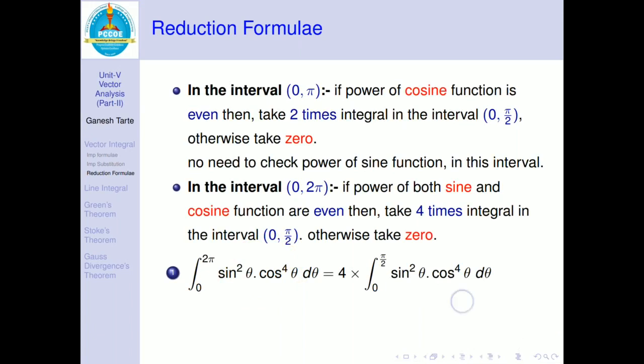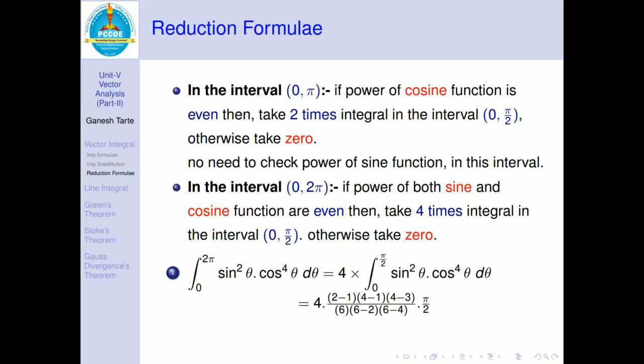And since again both powers are even, by applying formula number 3, it is 4 as it is, powers minus odd numbers. So 2 minus 1, which is positive, then 2 minus 3, which is not a positive number, so we leave that.